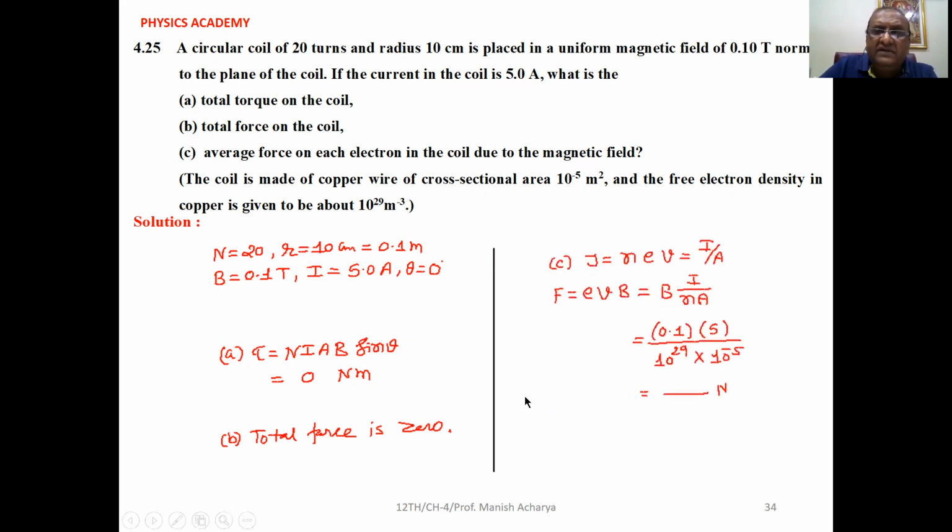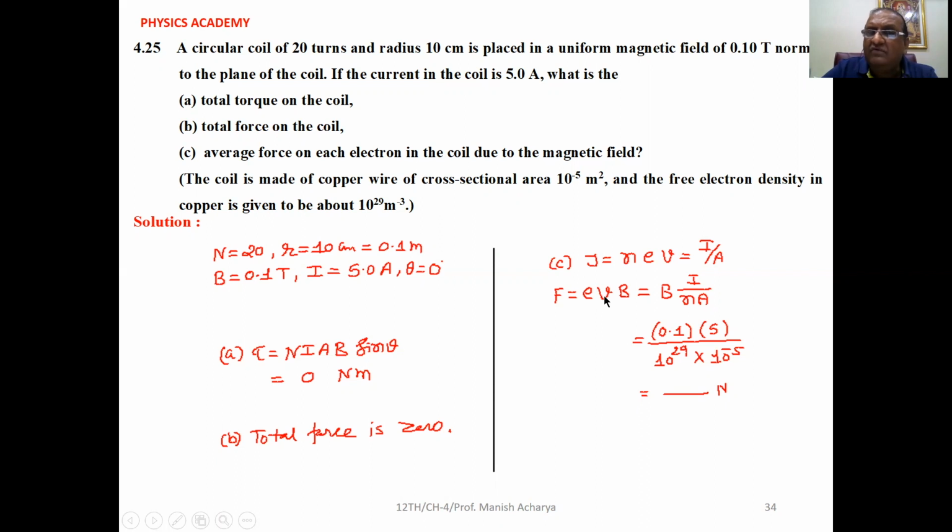Now, in chapter number 3, we discussed J equals nev, and J, the current density, is I upon A. Now, the force on the electron when it is moving in the magnetic field B with velocity v: here the velocity and magnetic field are perpendicular to each other. Therefore, magnitude-wise we can simply write the force as evB.